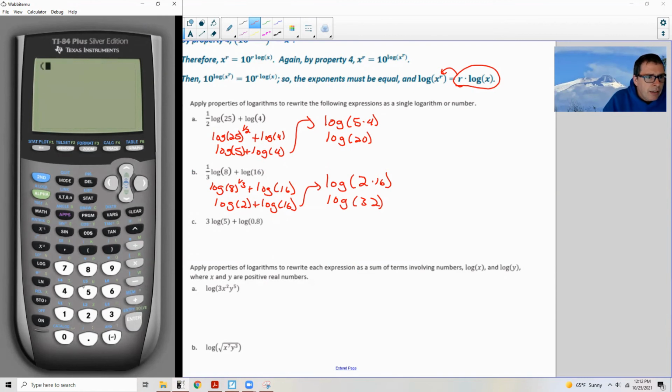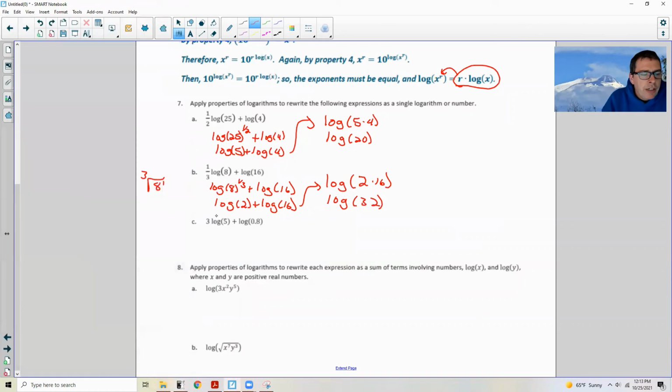Let's try that again. 1/3 the log of 8 plus log 16. Enter. That's better. I must have entered it incorrectly last time. And then I do the log of 32, and that comes out to be 1.50514, so these two are equal. And that's one way you can use your calculator to check your work when you're done.